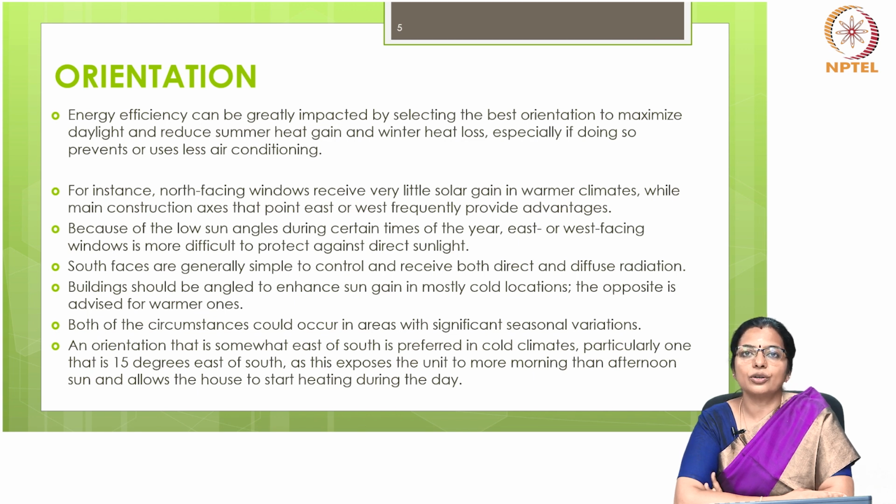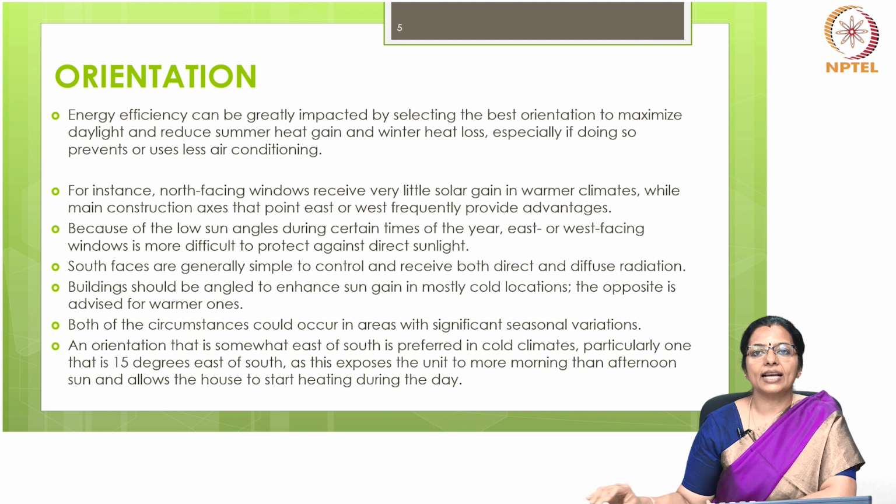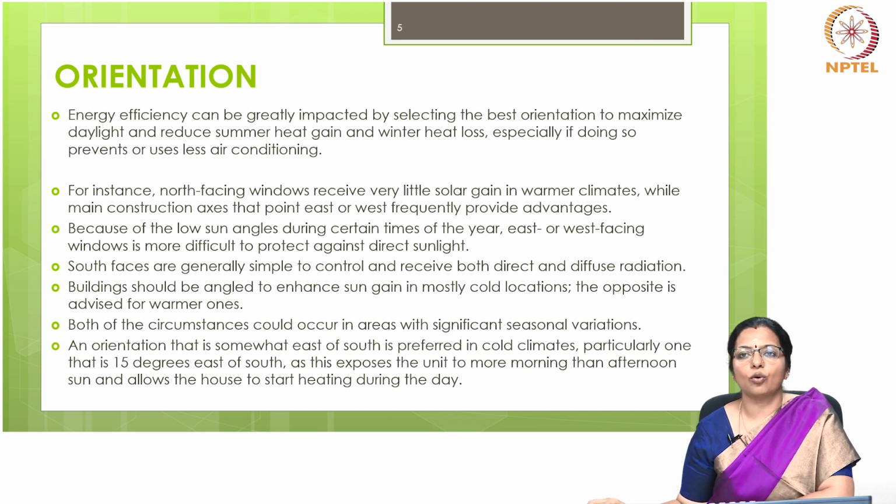Also, the nature of sunlight along the west is extremely harsh. South faces are generally simple to control and receive both direct and diffuse radiation. Buildings should be angled to enhance sun gain in mostly cold locations. The exact opposite is advised for warmer locations.